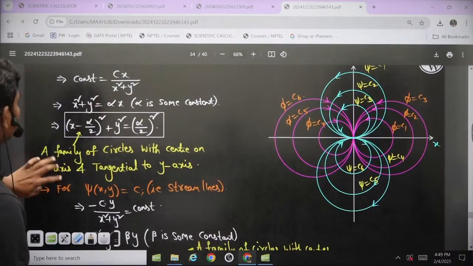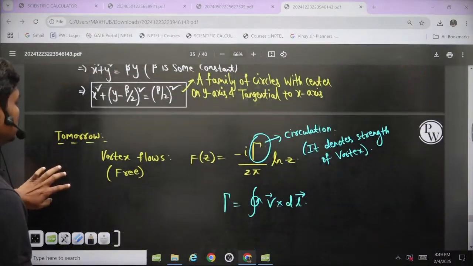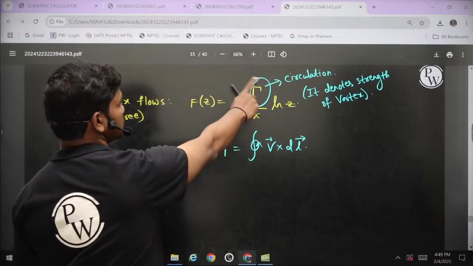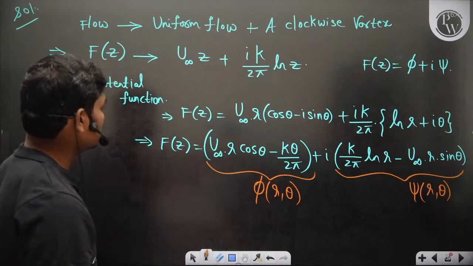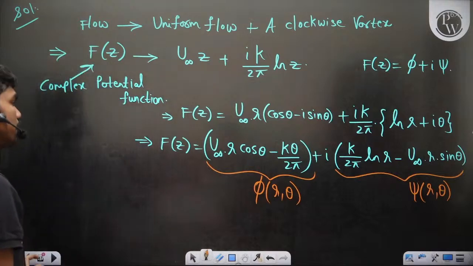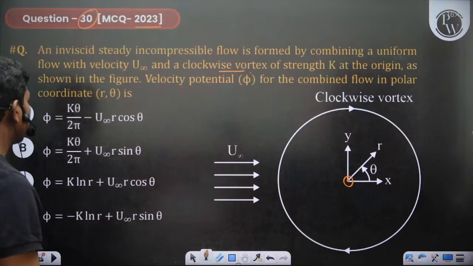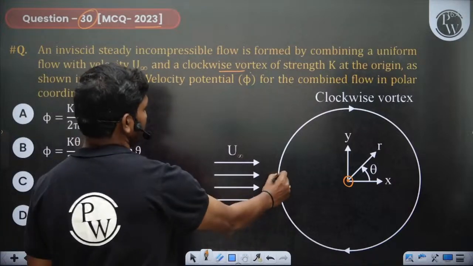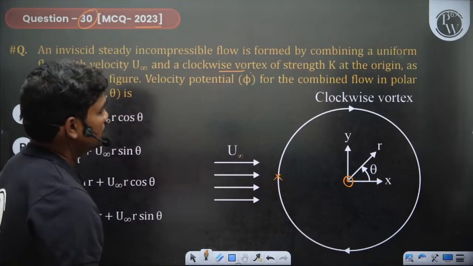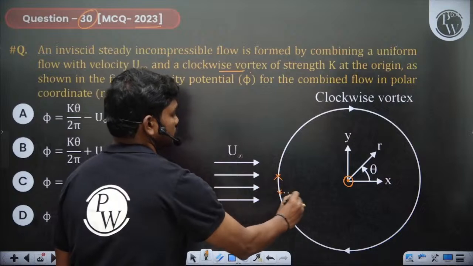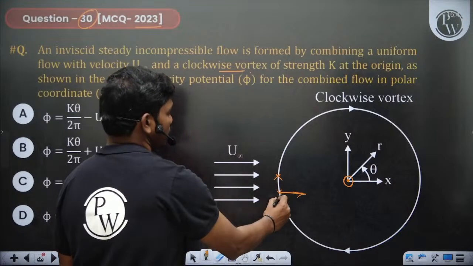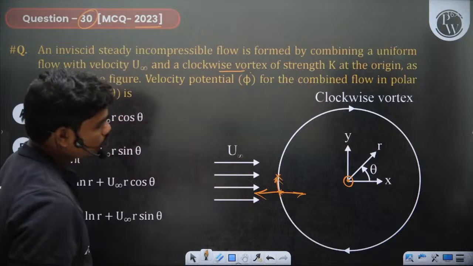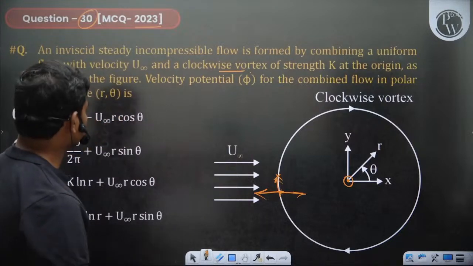This is doublet. Yeah. So vertex flows minus I circulation by 2 pi. This is the strength of the vertex, of course. So minus k theta by 2 pi plus u infinity r cos theta. Like if you take velocity at this point, let's say, for example here, the flow is coming in this way, and at this point, if its velocity is here, r is positive, theta is negative.